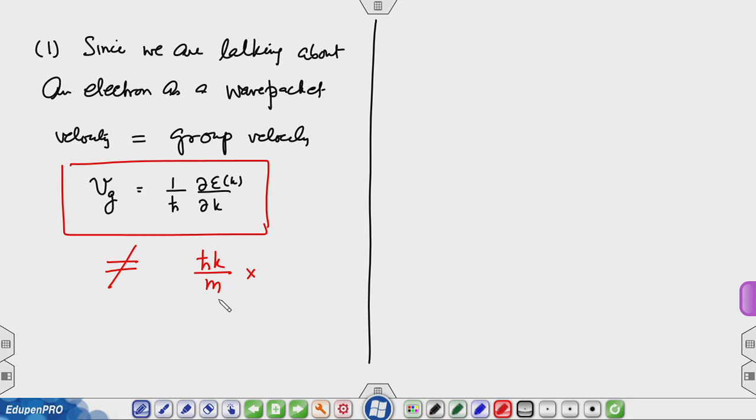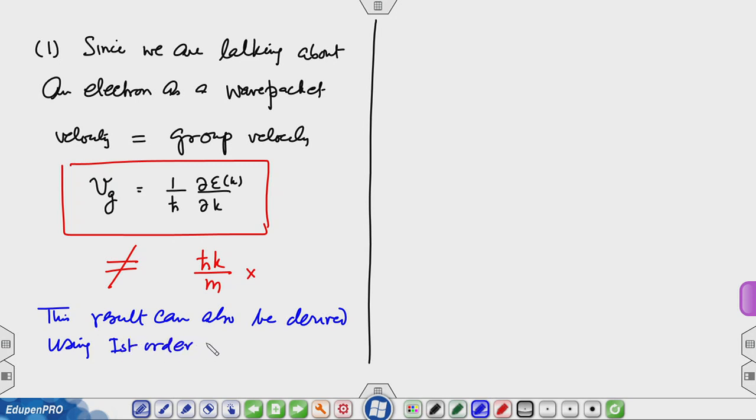Now, this result we have just written, that it should be d E d k, because that is the group velocity d omega d k, which is E by h cross, derivative of that with respect to k, but this result can also be derived using first order perturbation theory.